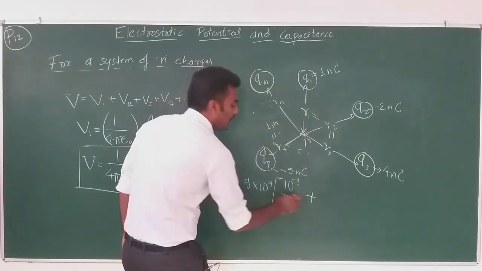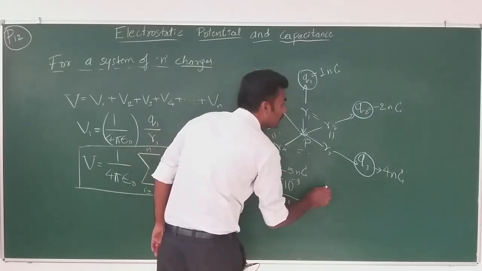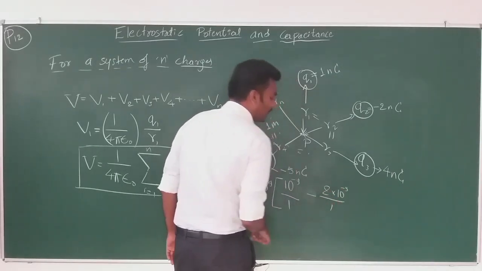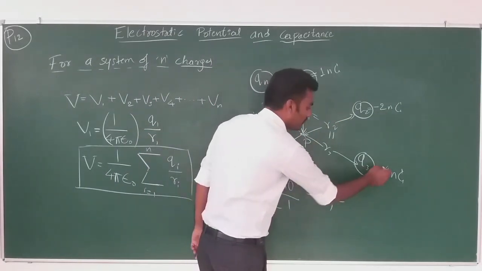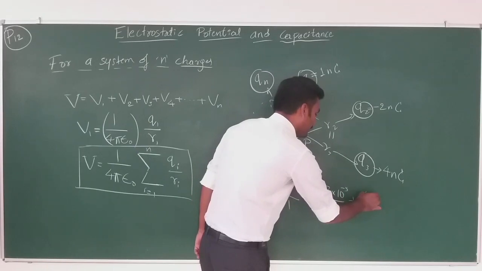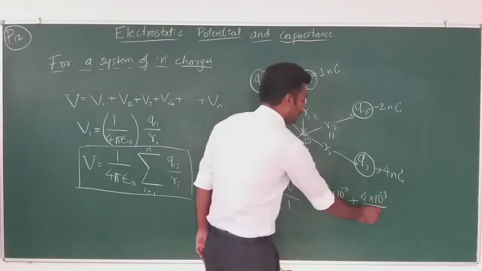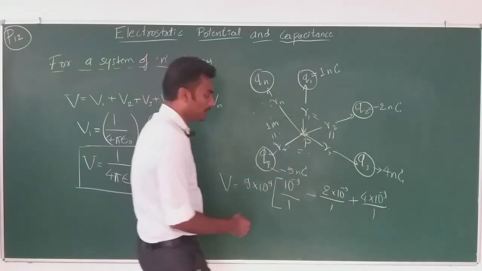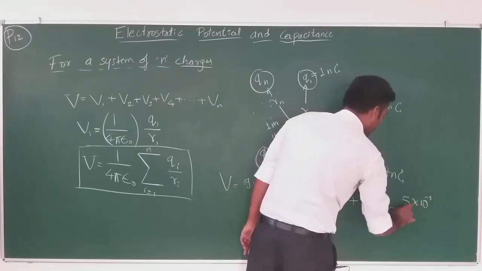So I will replace this plus sign and put minus 2 into 10 to the power of minus 9 by 1, where 1 is the distance, 1 meter. Now Q3 is plus, so it is plus 4 into 10 to the power of minus 9 by 1. Again, Q4 is minus 5, which makes it minus 5 into 10 to the power of minus 9 divided by 1.